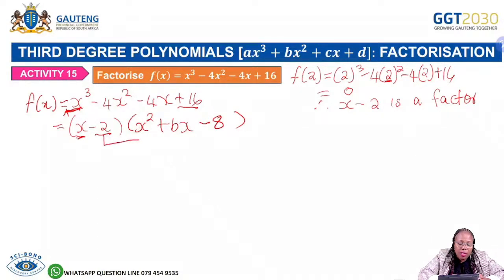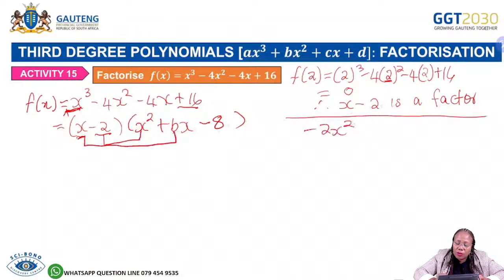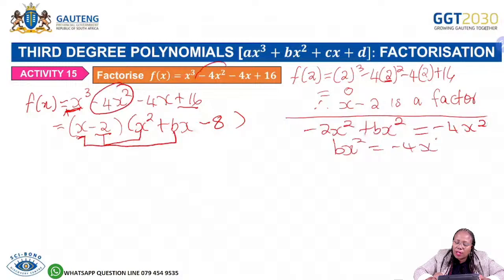And then now minus 2x squared plus bx squared is equal to the x squared on the f at x, which is minus 4x squared. And then now bx squared is equal to minus 4x squared. We are transposing minus 2 to this side.